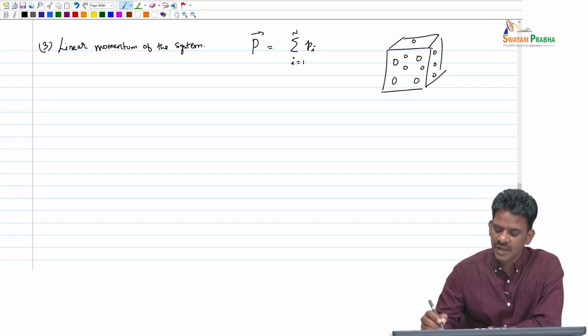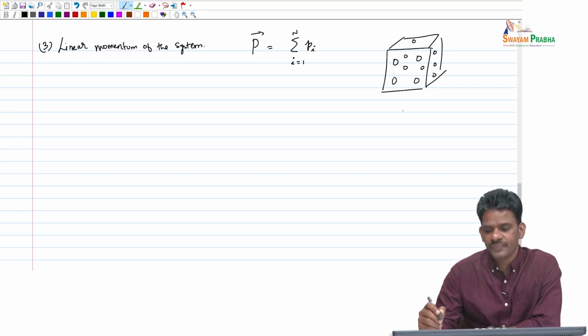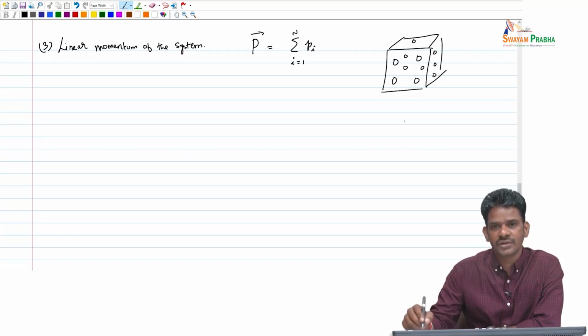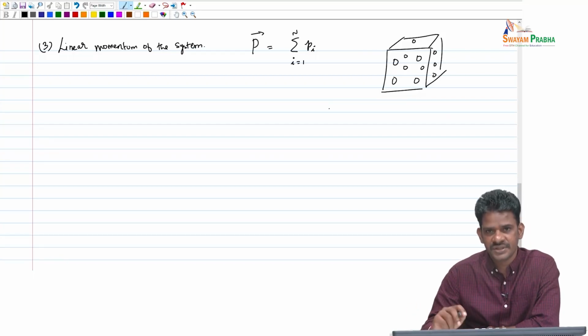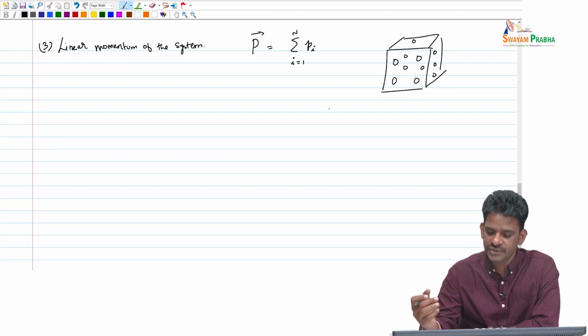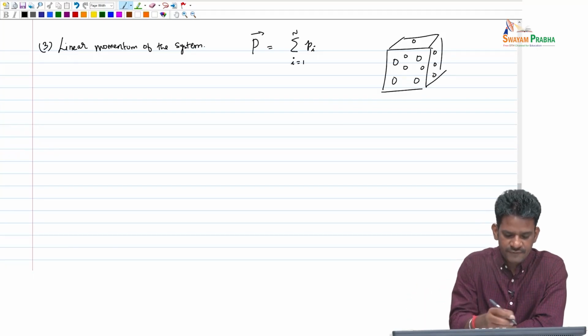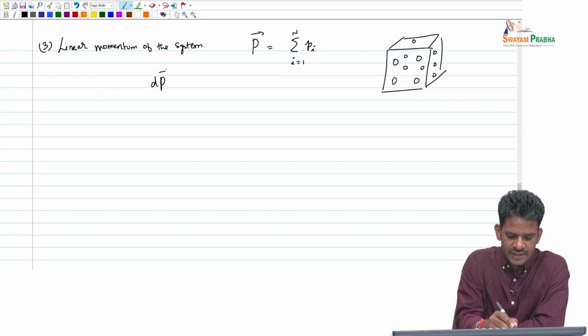Now if you look at it as a whole system, there is no external force acting on this entire system itself. Okay, there is no external force. The forces are only coming because of internal intermolecular or intramolecular interactions. So when there is no external force, the rate of change of this linear momentum, dP/dt, is given by F external.